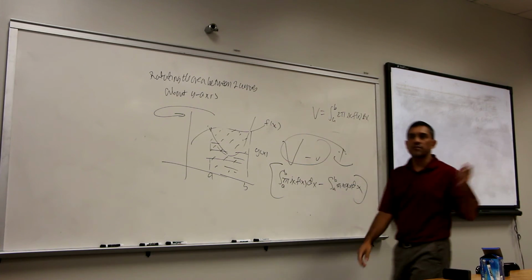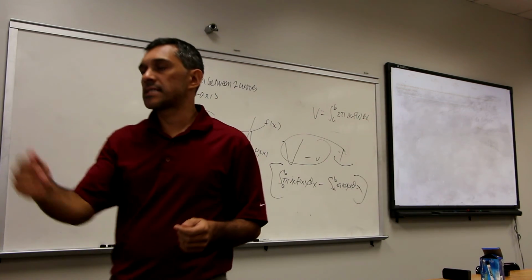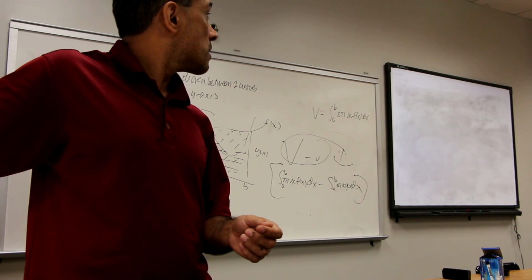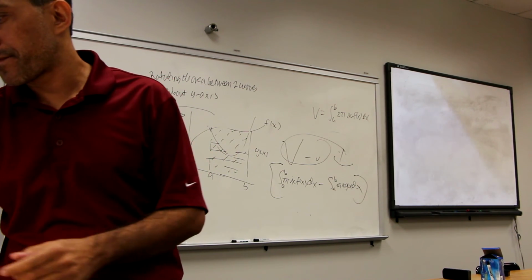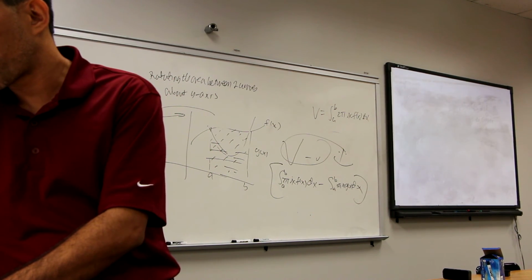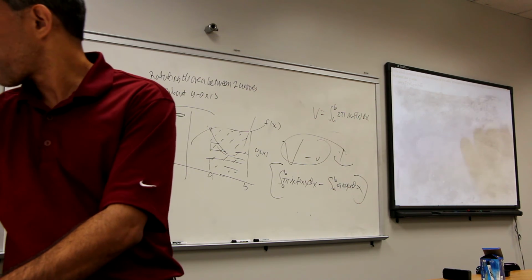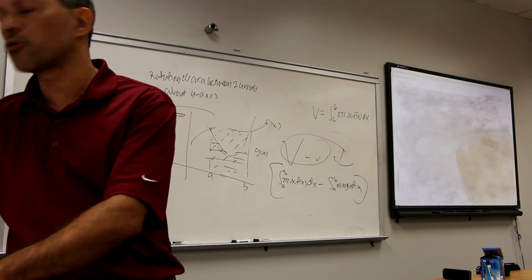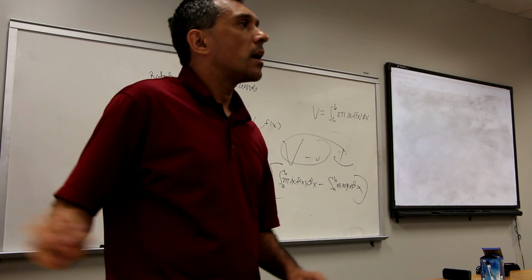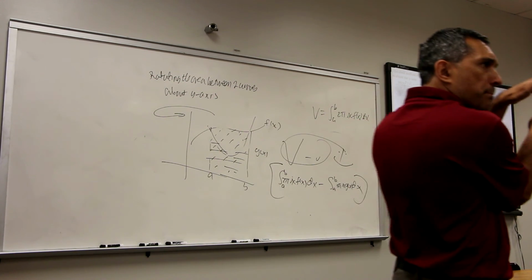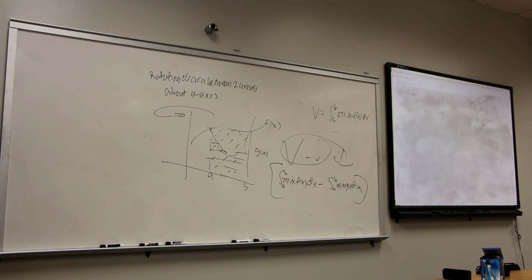So you have these two curves, y equals 7x squared and y equals 7 root x. You're going to look at the area trapped between them, rotate it about the y-axis, and find its volume.